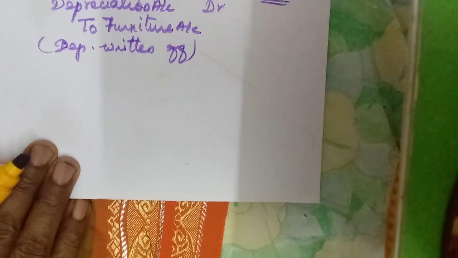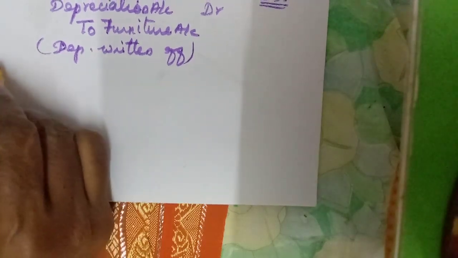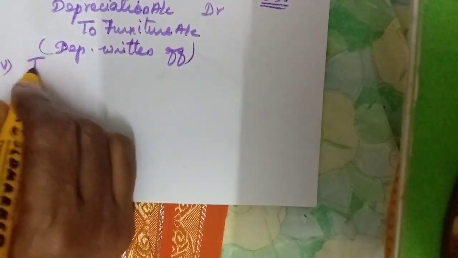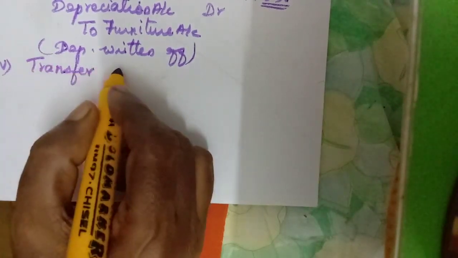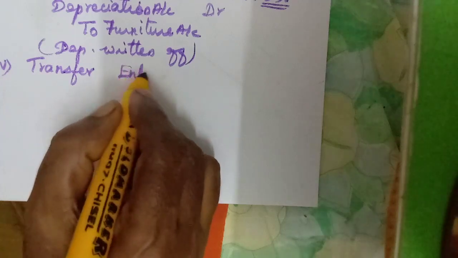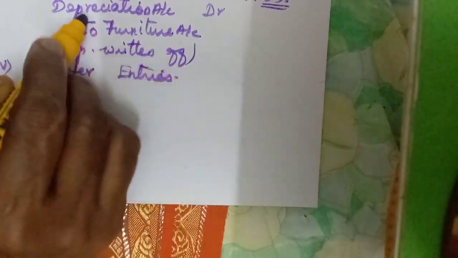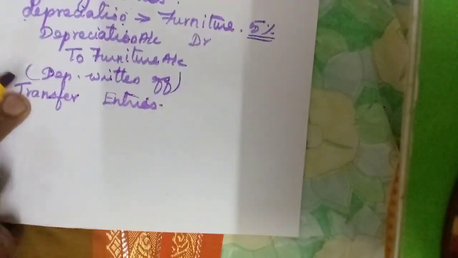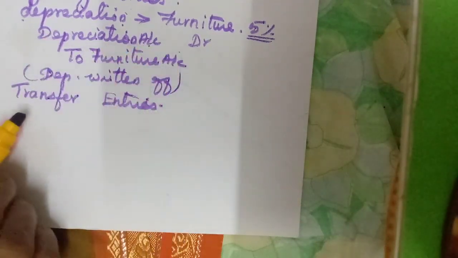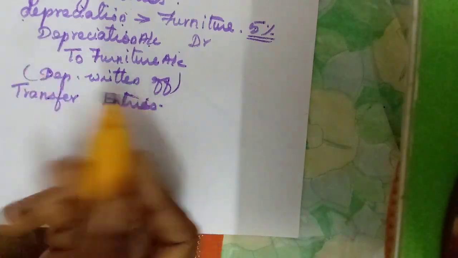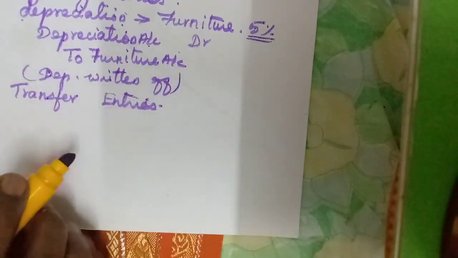Then transfer entries. These two only we will learn in that lesson, adjusting entries and transfer entries. Here we have adjusted this depreciation: depreciation account debtor to furniture. This depreciation will be transferred to the profit and loss account.